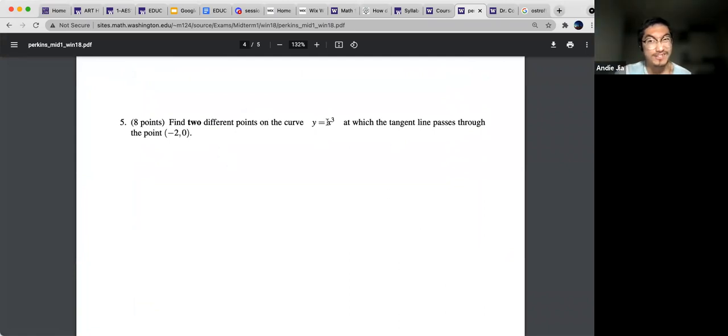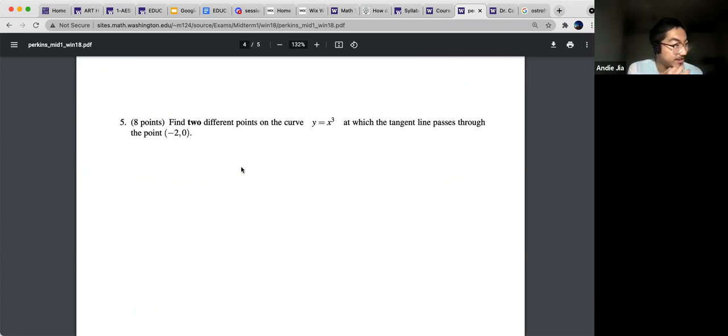Find 2 different points on the curve y equals x cubed such that the tangent line passes through the point (-2, 0). And this is very much the same as the algebra problem I just discussed before.